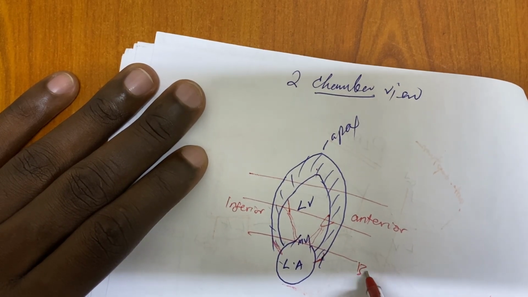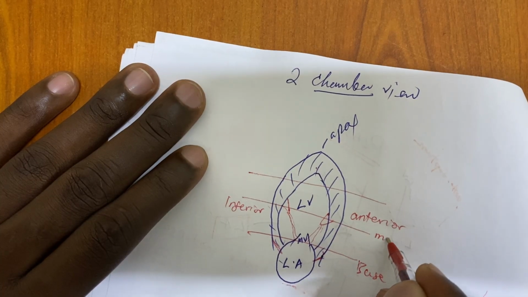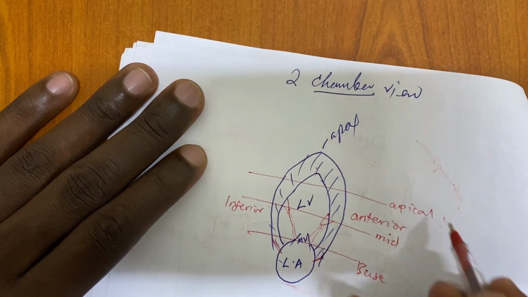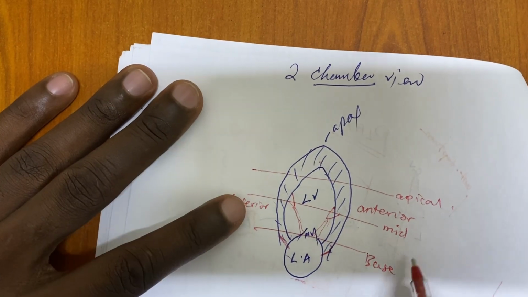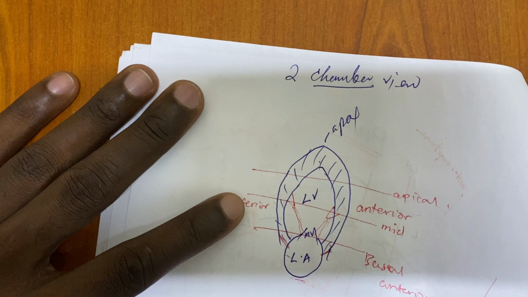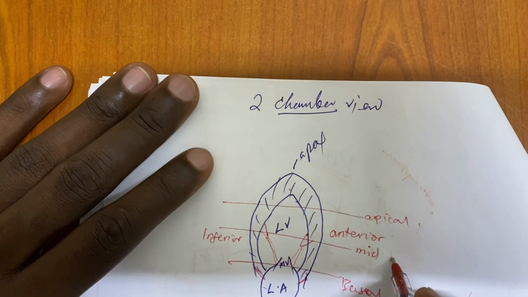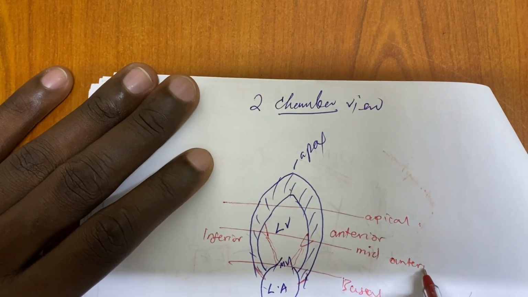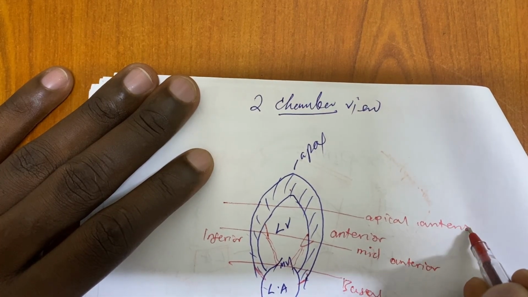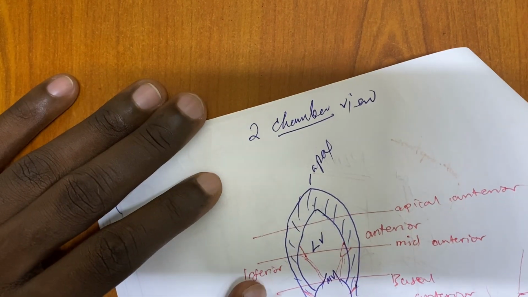So this is base, mid, and apical. So this is basal anterior, mid anterior, apical anterior. Apical, yes. So name the rest on this side.